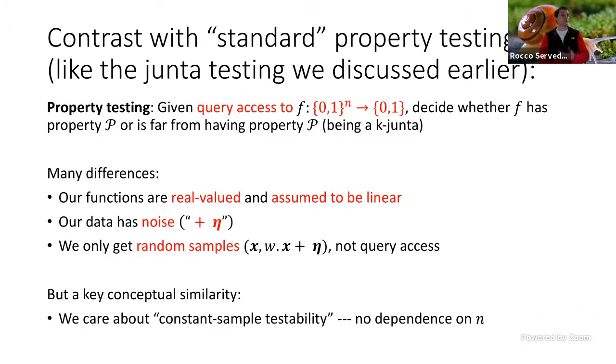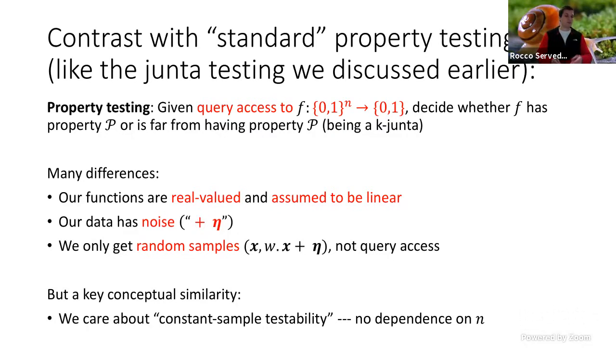We usually don't consider the possibility of having noise in the data. So the differences I would want to highlight are along the lines of these 3 bullet points. We're dealing with real valued functions. So that's one substantial difference from maybe Junta testing. We're making an assumption about the functions. We're assuming that we are dealing with a linear function. And within that class of functions, we just want to figure out whether it's sparse or far from sparse.